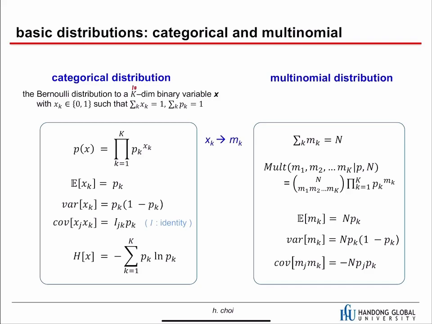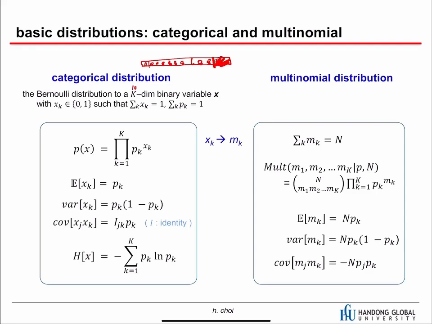So we apply the Bernoulli distribution to a 10-dimensional binary variable x, and each element of x could be either 0 or 1. So 1, 2, 3, 4, 5, 6, 7, 8, 9, 10. Sorry, so we have 10 elements.